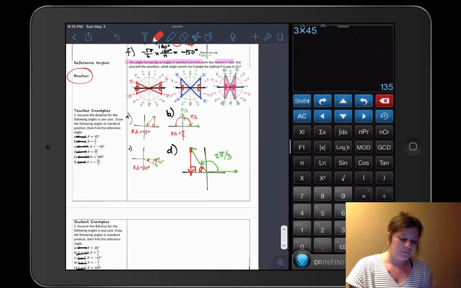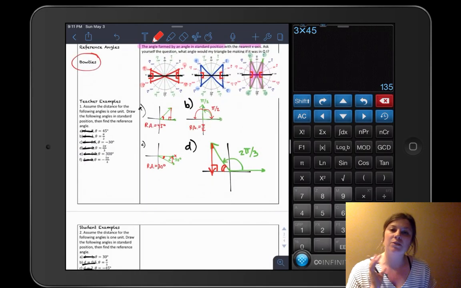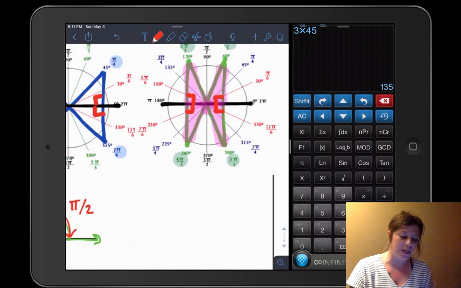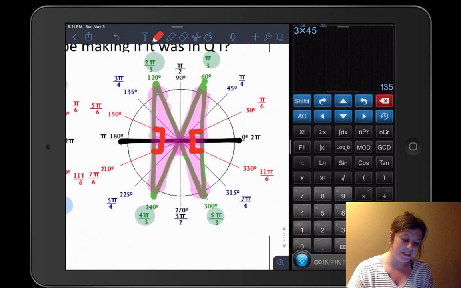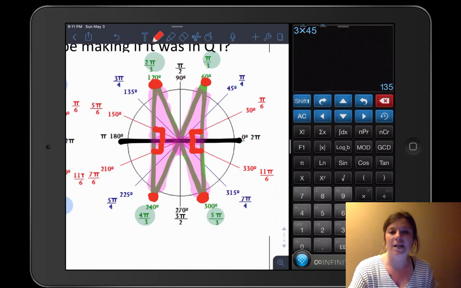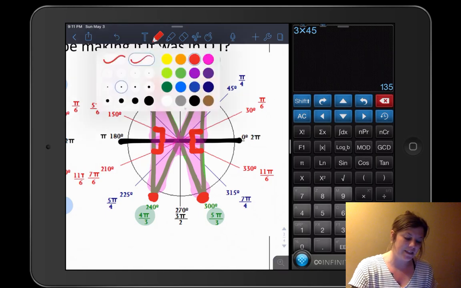Okay, couple different ways to approach this. We can look back at our reference angle bow ties that we made, and we can see that 2 pi over 3 is right here. It has the same reference angle as this, and as this, and as this angle here. And that is the key one, right?